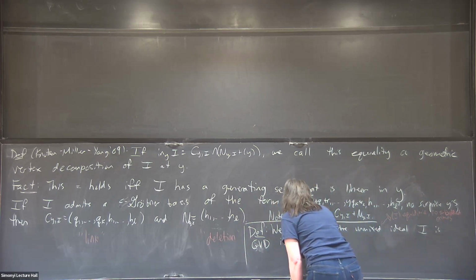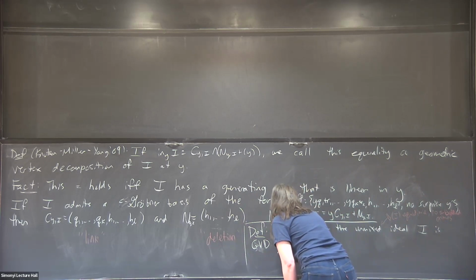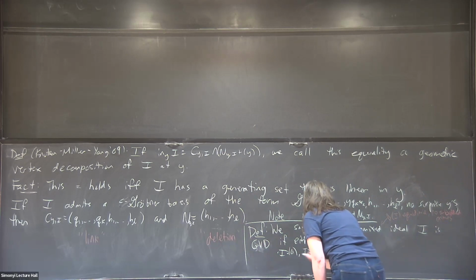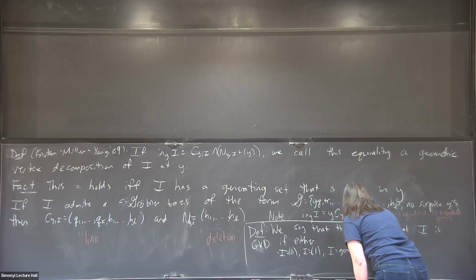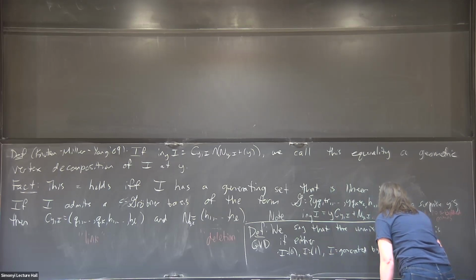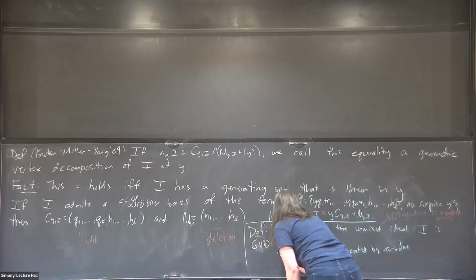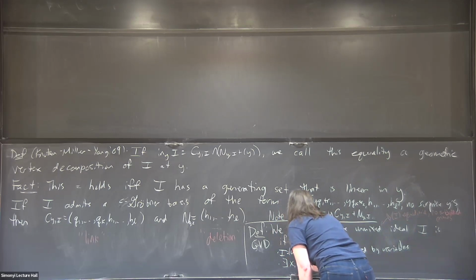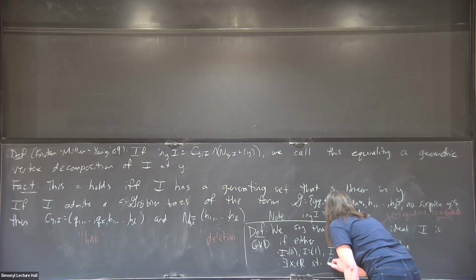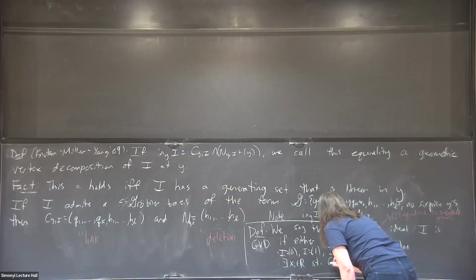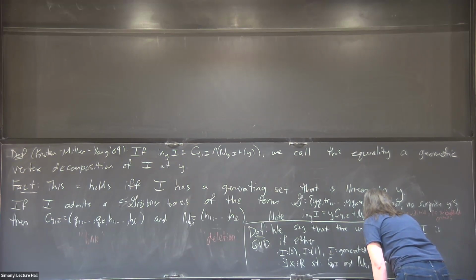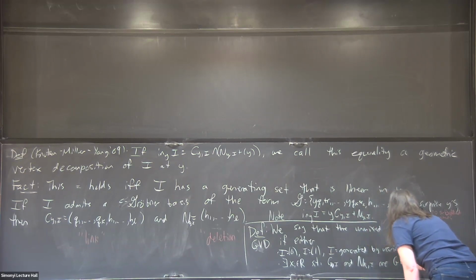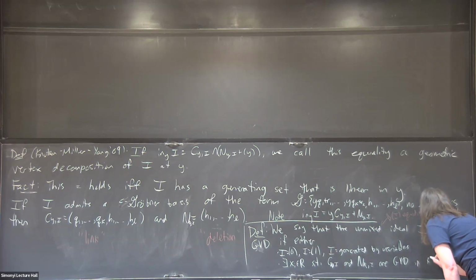If either I equals 0 or I is 1 or I is generated by variables, or if there exists a variable x_i so that C_{y}I and N_{y}I are geometrically vertex decomposable in K[x_1, ..., x̂_i, ..., x_n].